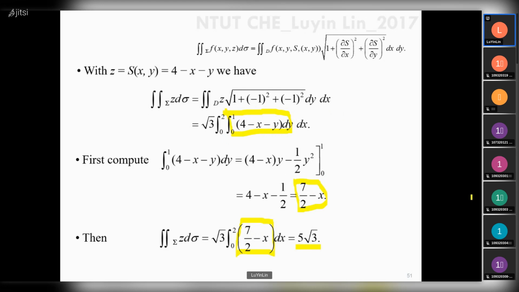That's why I suggest you memorize this equation also. Don't just memorize the general one. The general one with uv is more difficult. But if you have an equation where z is equal to some function of x and y, using this formula will be much easier. Any question?